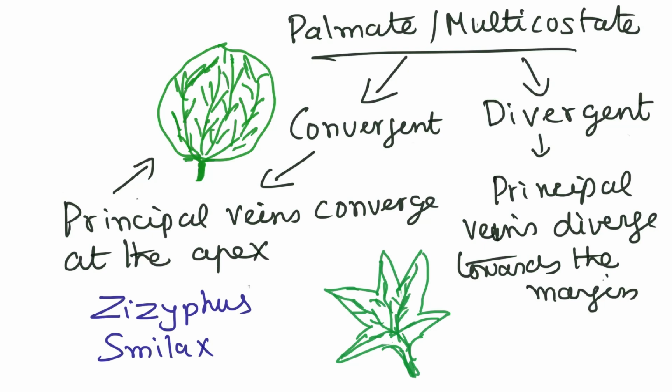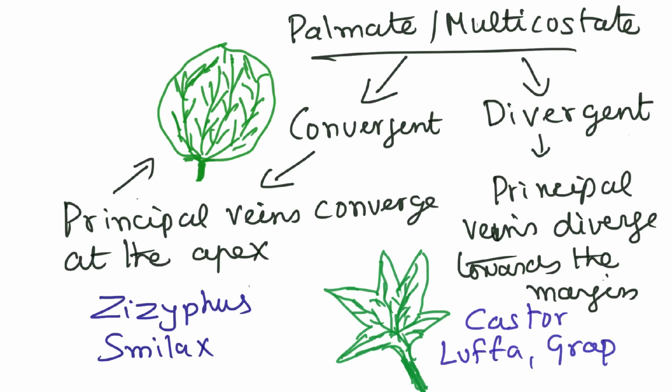And the second diagram, which is now coming up towards the bottom, that is an example of a case which is divergent. So you can see that the principal veins are diverging, and instead of reaching the tips, they are going towards the margin. So notable examples are castor, luffa, and grape.